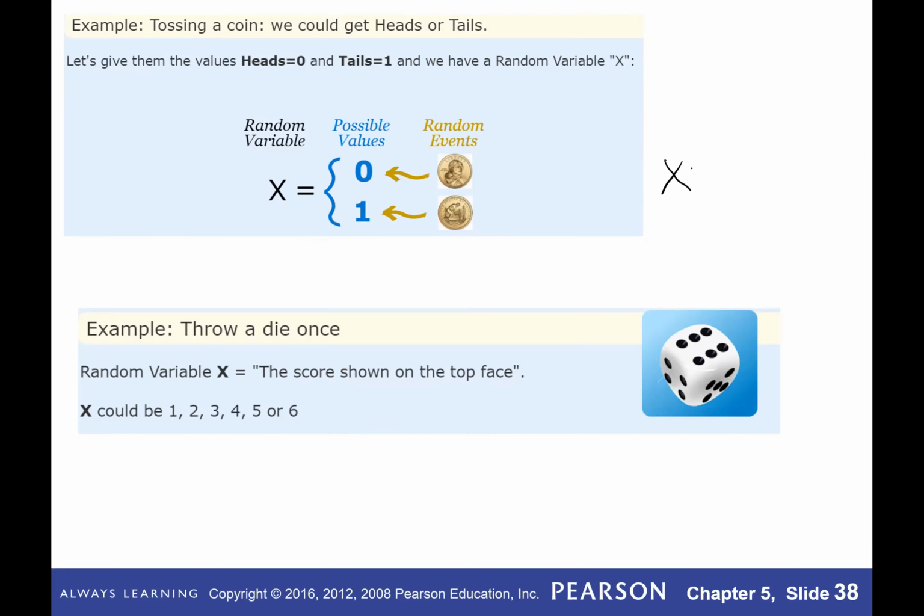If x is a random variable representing the number of tails, and we flip a coin once, then the outcome will be head or tail. How many tails do we have here? We have 0 tails, right? And here we have just 1 tail. So that means x can take either 0 or 1.